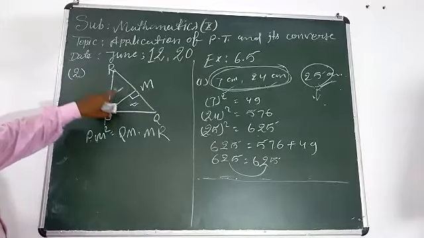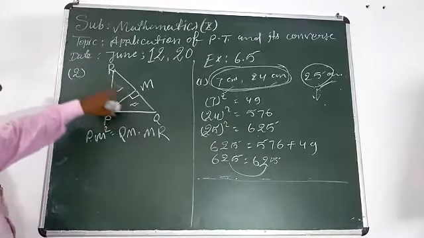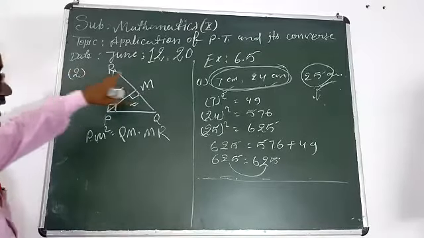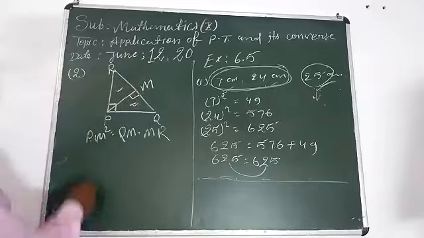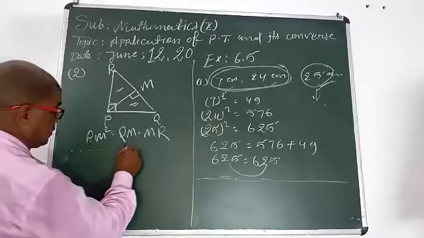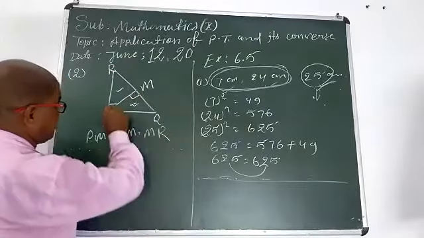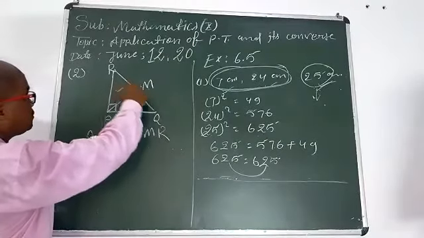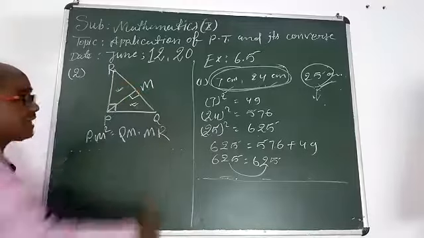You can write this statement also. First, write this statement: a perpendicular from the right vertex to the hypotenuse divides the triangle into two right angle triangles, and they are similar to each other.